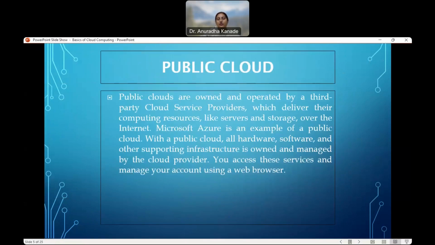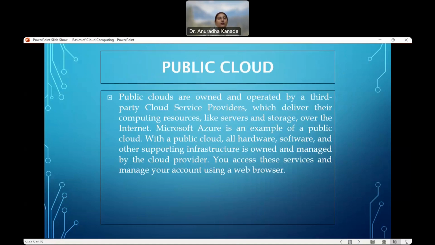So first, we will see public cloud. The public clouds are owned and operated by third-party cloud service providers. They deliver their computing resources such as servers and storage over the internet. Examples are Microsoft Azure, Google Cloud, and Amazon Web Services.